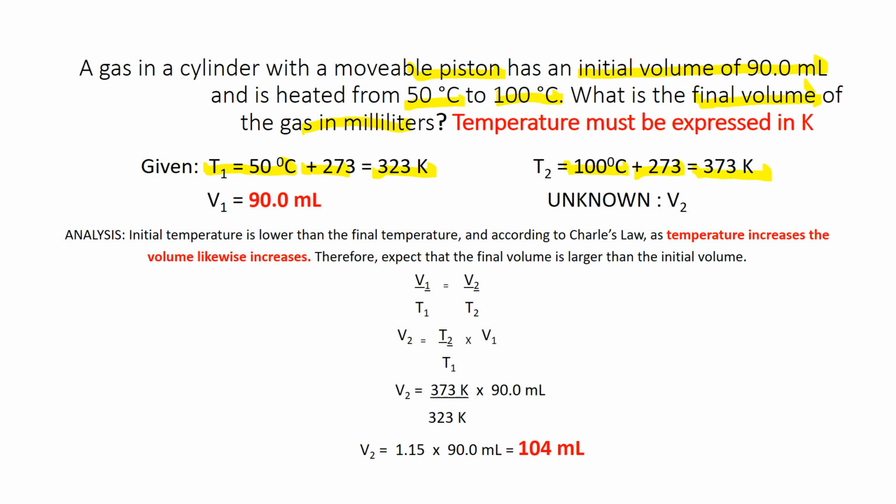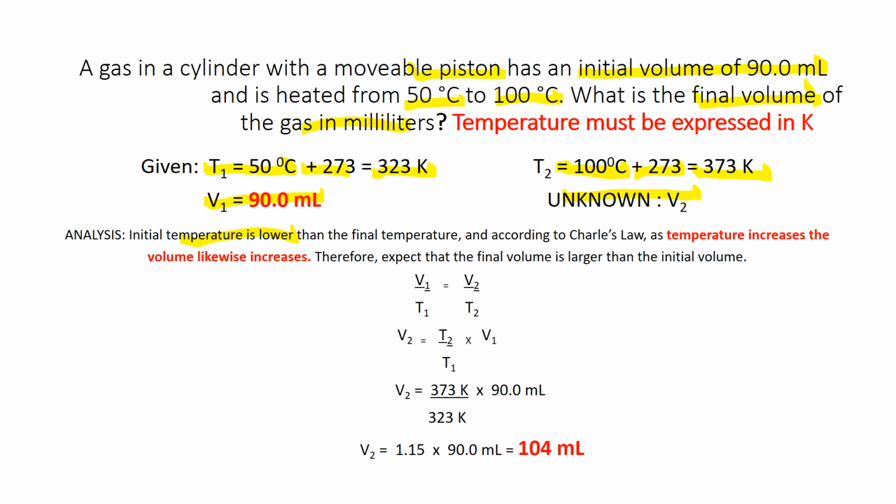And then V1 is 90 ml. And the unknown is V2. So if you analyze, the initial temperature, 50 degrees Celsius, is lower than 100 degrees Celsius, which is equal to 373 Kelvin.